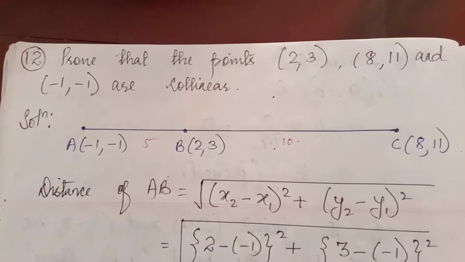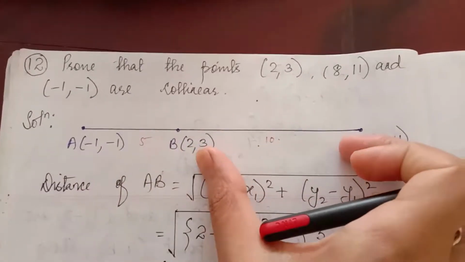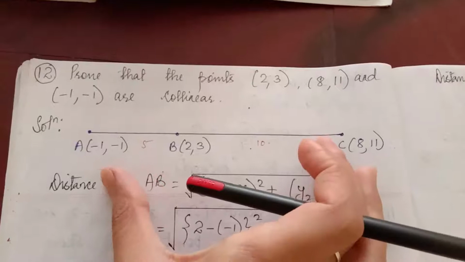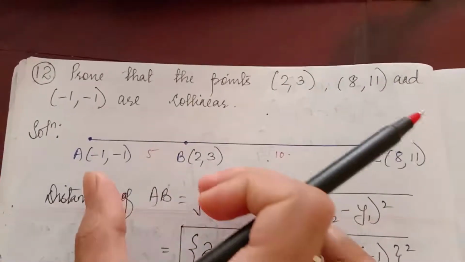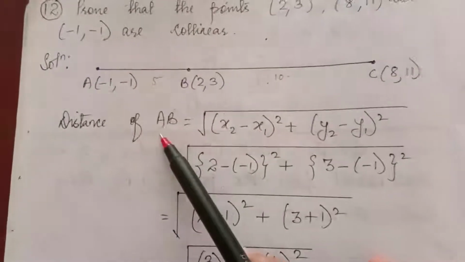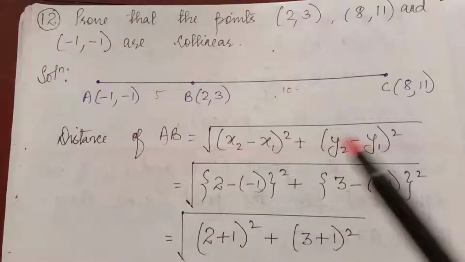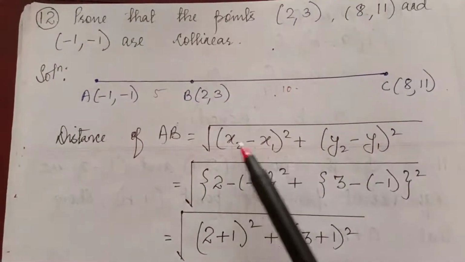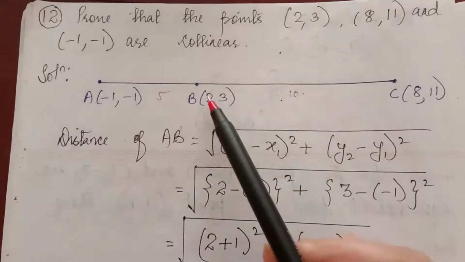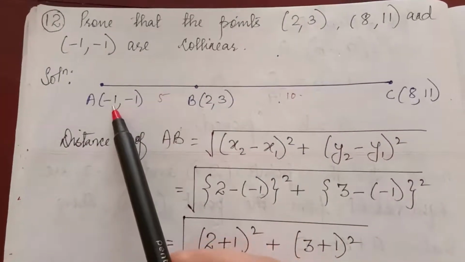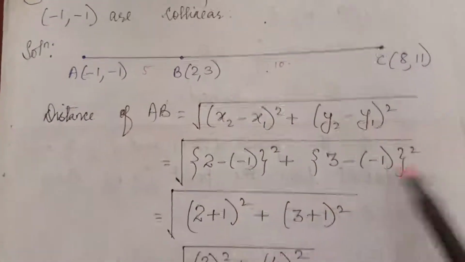For this, what we will do is first we will find the distance of AB, then we'll find the distance of BC, then we'll find the distance of AC, okay. So we'll find first the distance AB. What is the distance between AB? For the line AB, this is x1, y1, x2, y2. Use the formula here: x2 minus x1 whole square plus y2 minus y1 whole square. x2 is 2 minus x1 is minus 1, y2 is 3 minus 1.